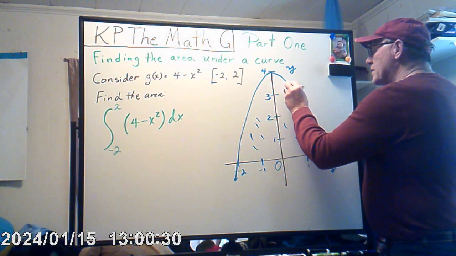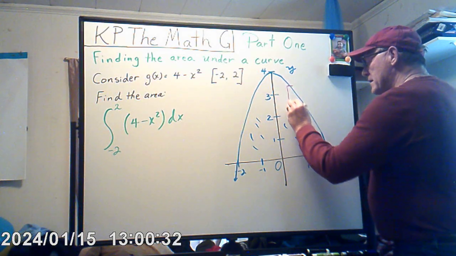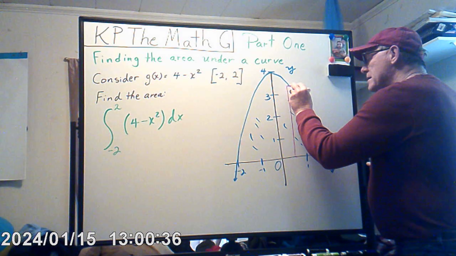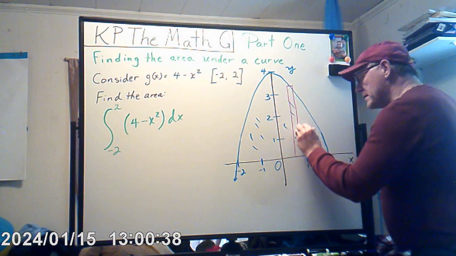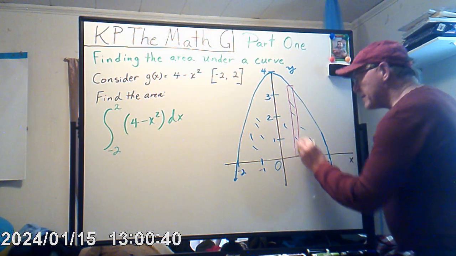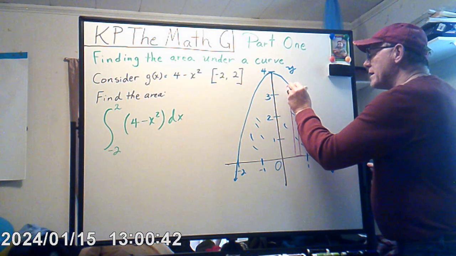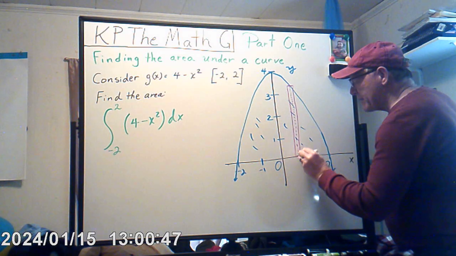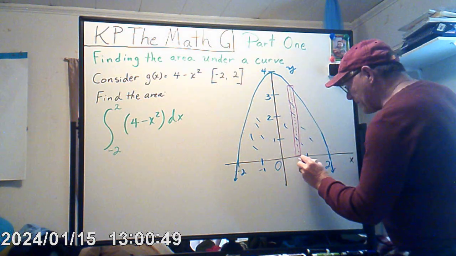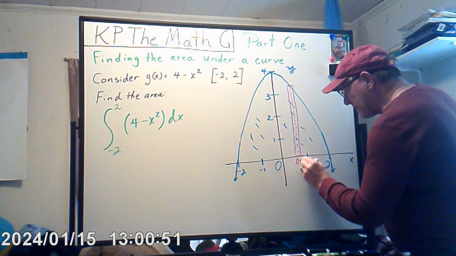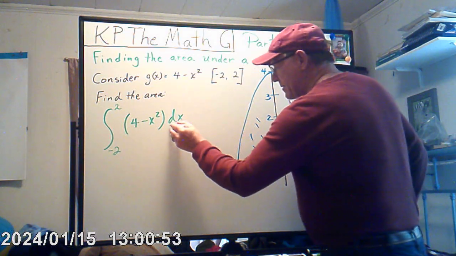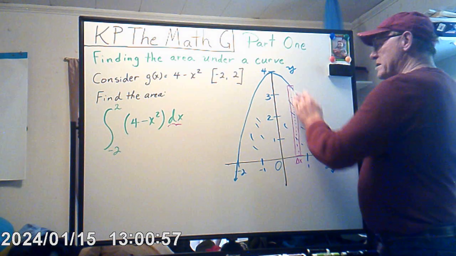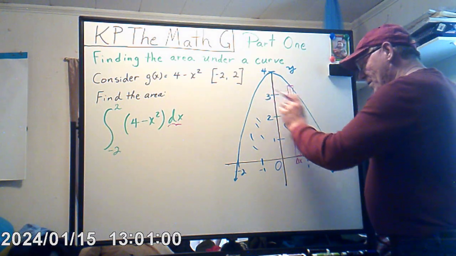It's going to look like this maybe. This little isolated interval is right here, and this will be delta x, which by the way turns into dx.